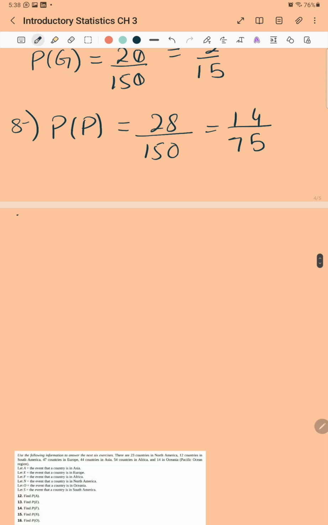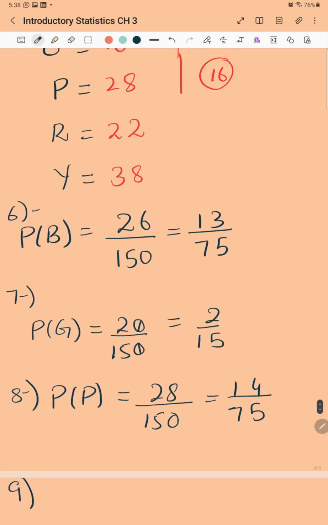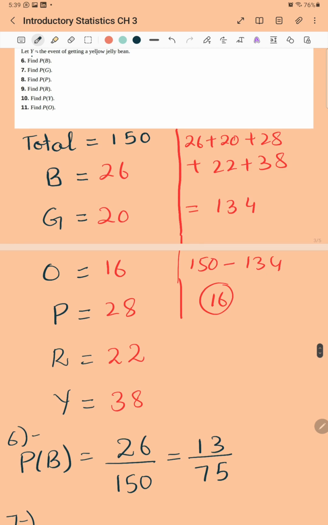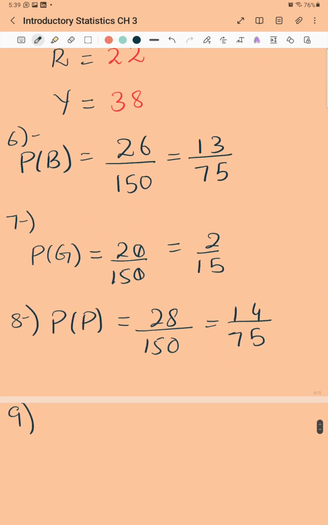Question number 9. Probability of R means red. So red was 22 over 150.